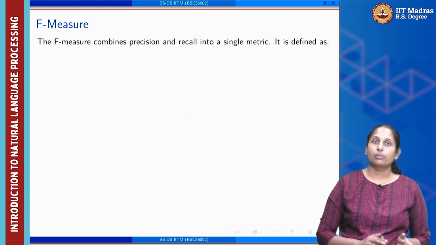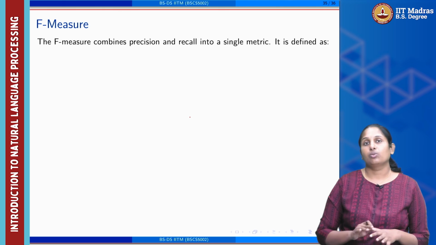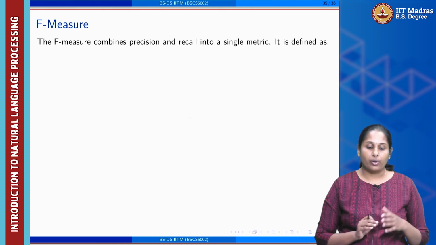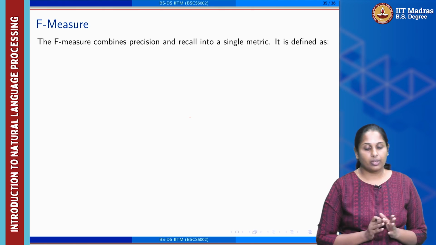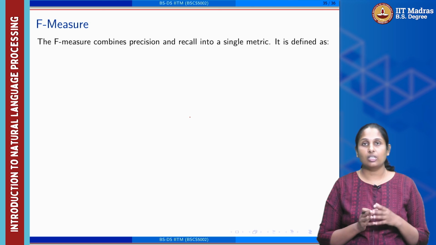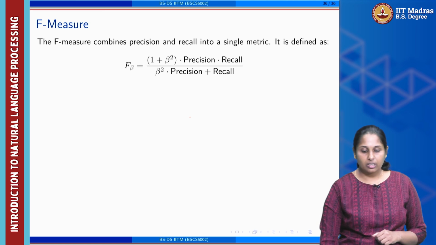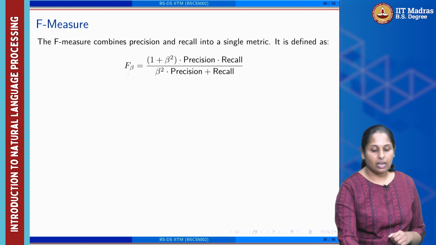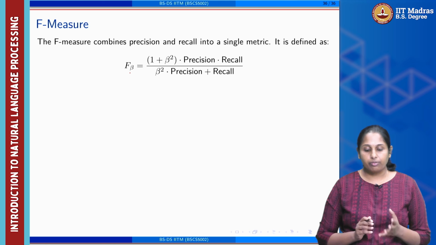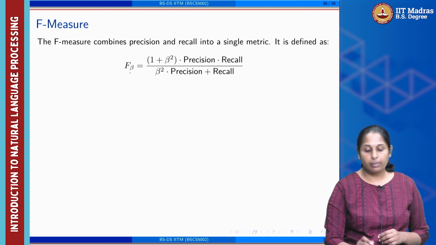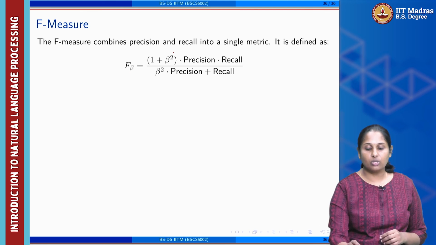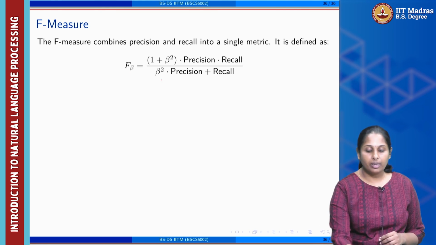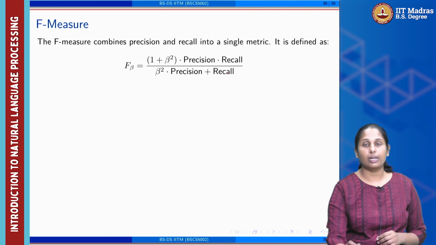Now precision and recall give different kinds of values. The F-score, or F-measure, combines these two values into a single metric. It is defined as F beta equals 1 plus beta squared into precision into recall, divided by beta squared into precision plus recall.